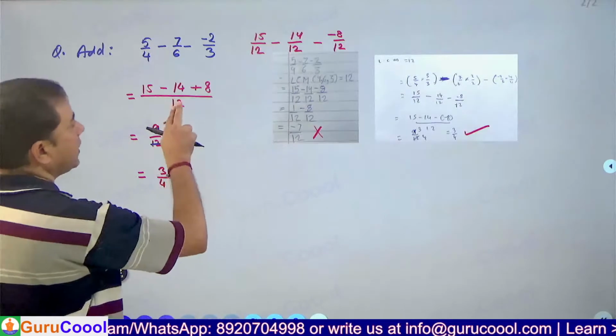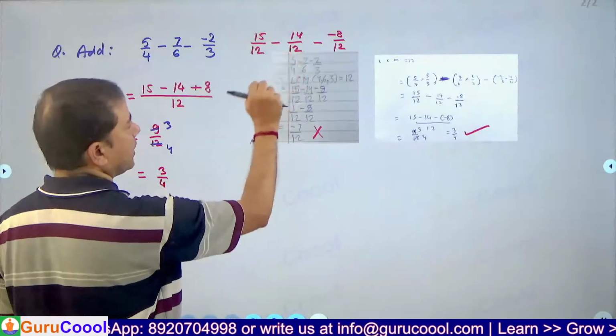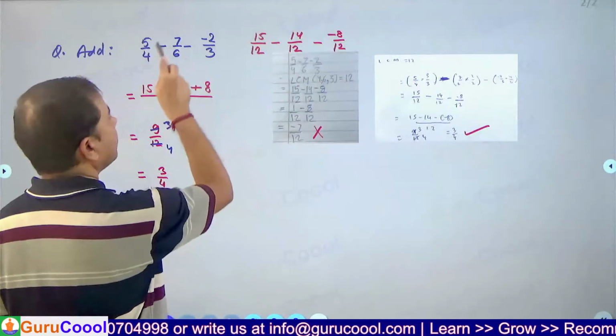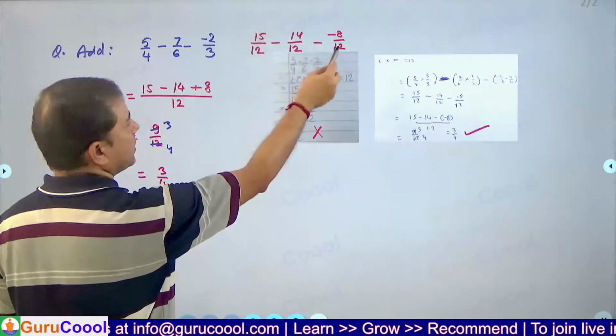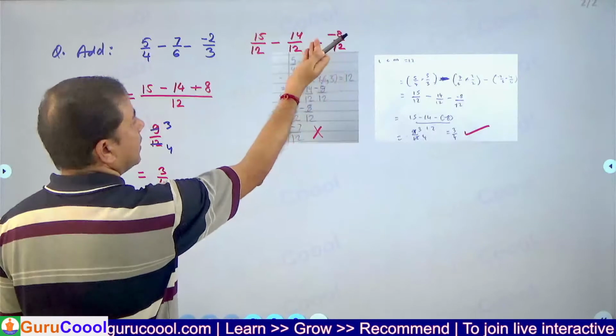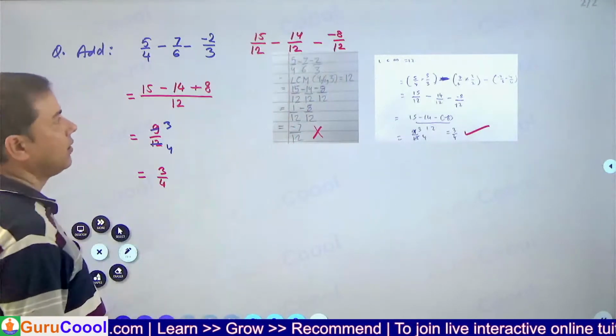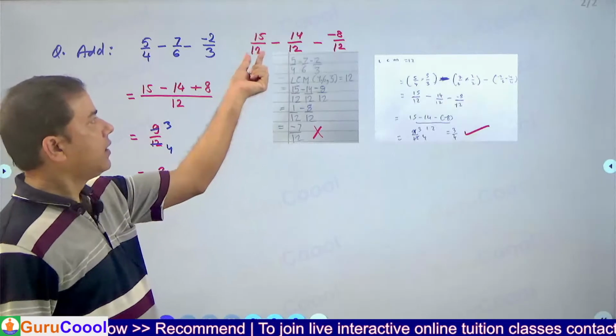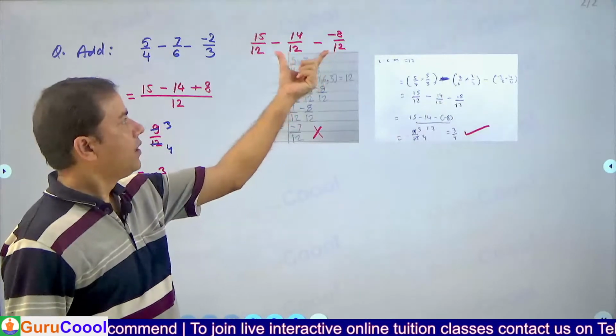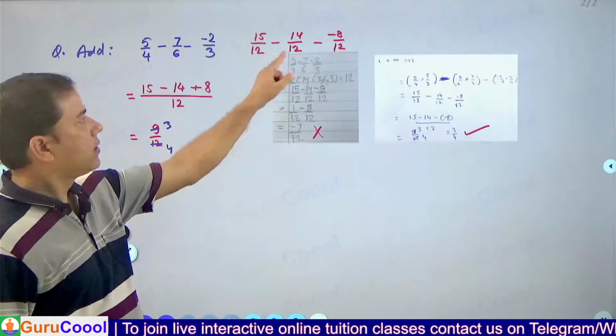So this method is almost equal to this only, writing all the fractions or all the rational numbers with the same denominator like this or this. That's the same thing. The only difference is we know that their denominators are the same. If we add them, we will get the same denominator.